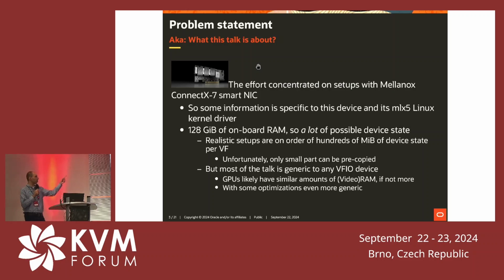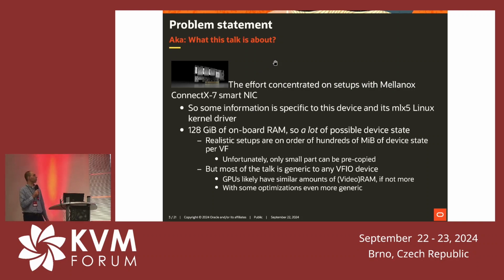This device, by the way, could be divided into virtual functions, so you can emulate, for example, 4 different network interface cards from one device. It can even support more, but this talk is about one up to 4, for reasons I will present later.